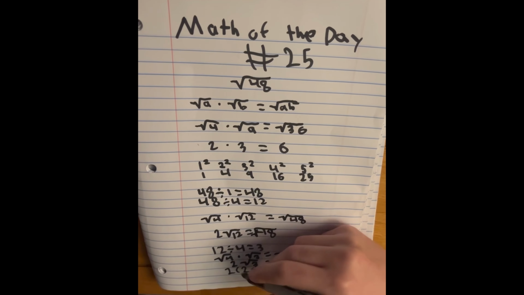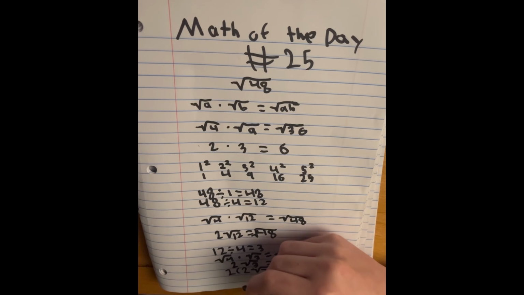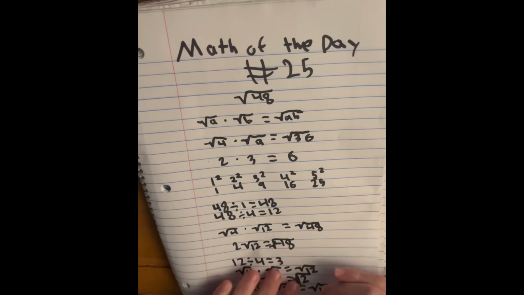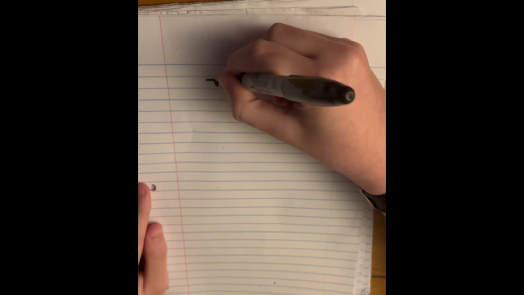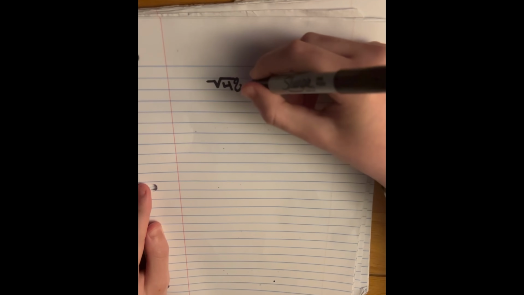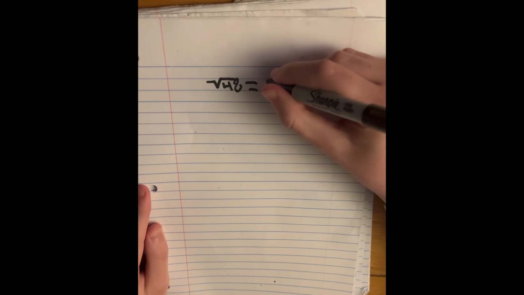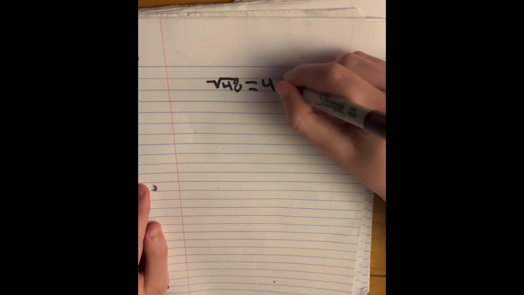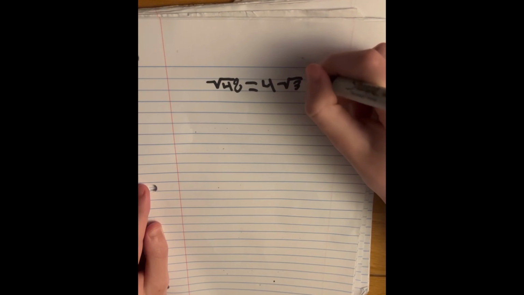And 2 times 2 is 4. So our final answer is that the square root of 48 in its simplified form is 4 times the square root of 3.